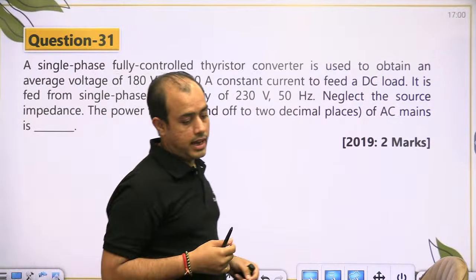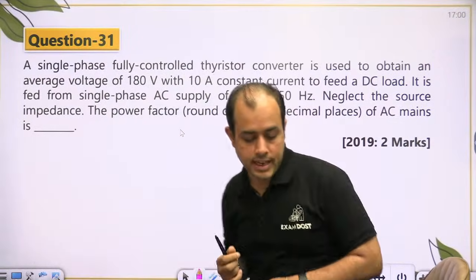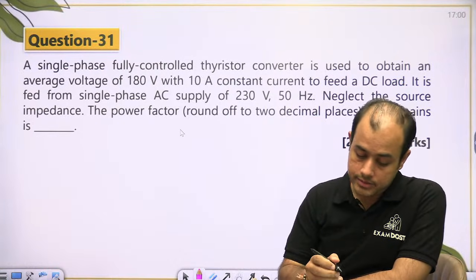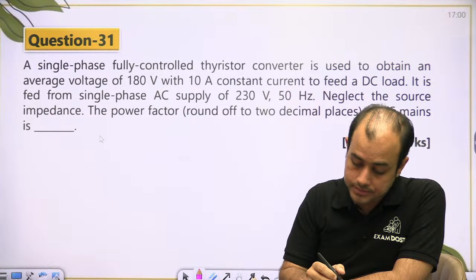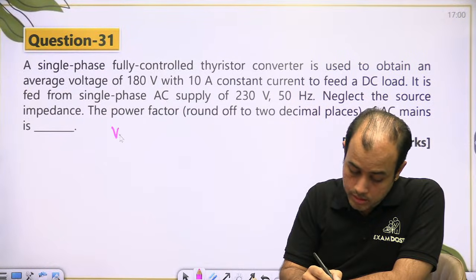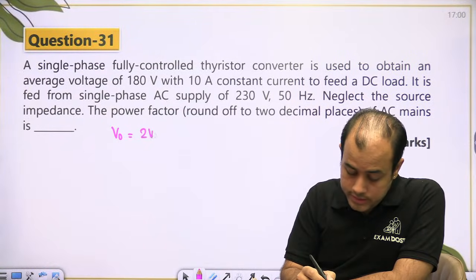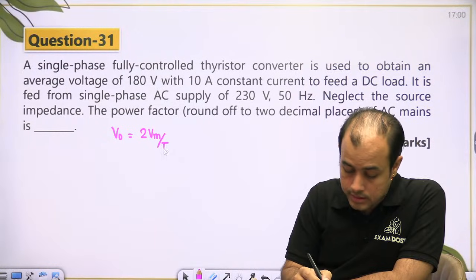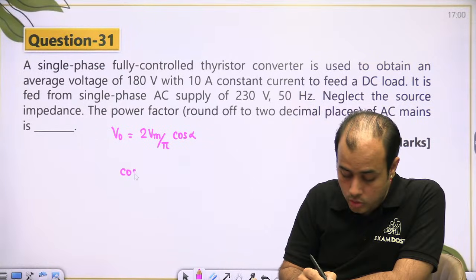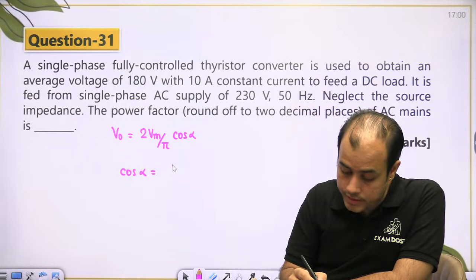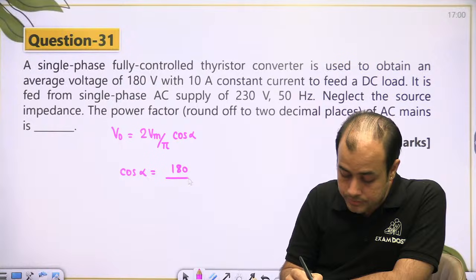हाँ भाई. Average voltage 180 with 10 ampere constant current. Power factor. For power factor, we need cos alpha, है ना? We know the power factor of a highly inductive load for a single phase full converter.